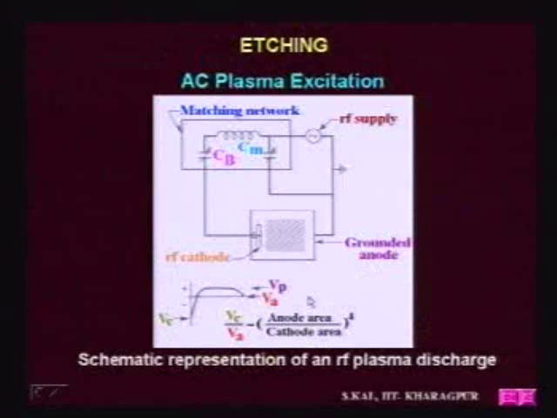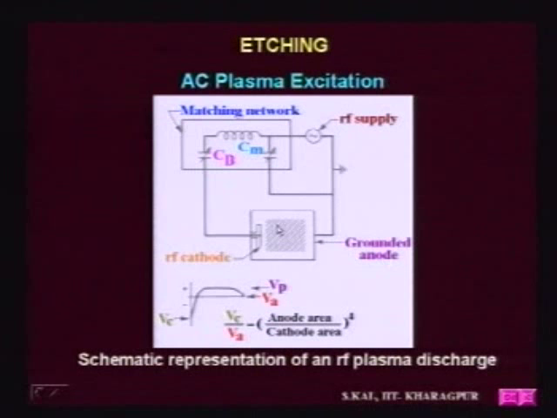Within that small time, if the accumulated negative charge is not completely removed, then it cannot become positive, isn't it? Because the ions accelerated towards this electrode in the negative half cycle, if they are not sufficient in number, then the electron cloud formed in this space will not be neutralized.